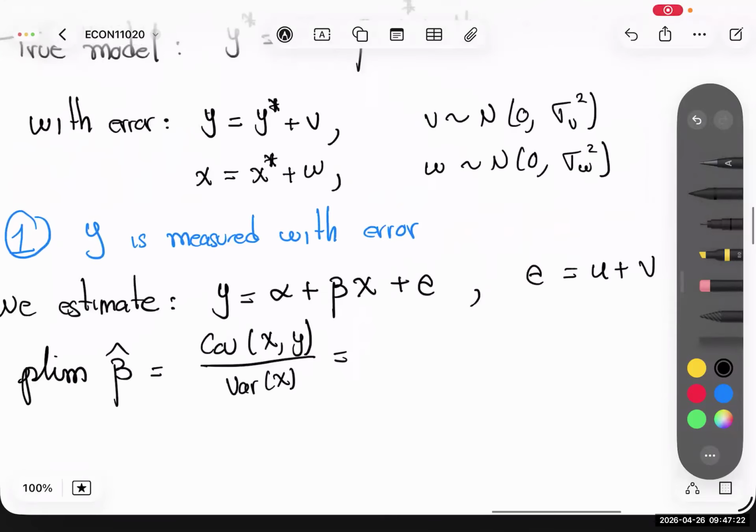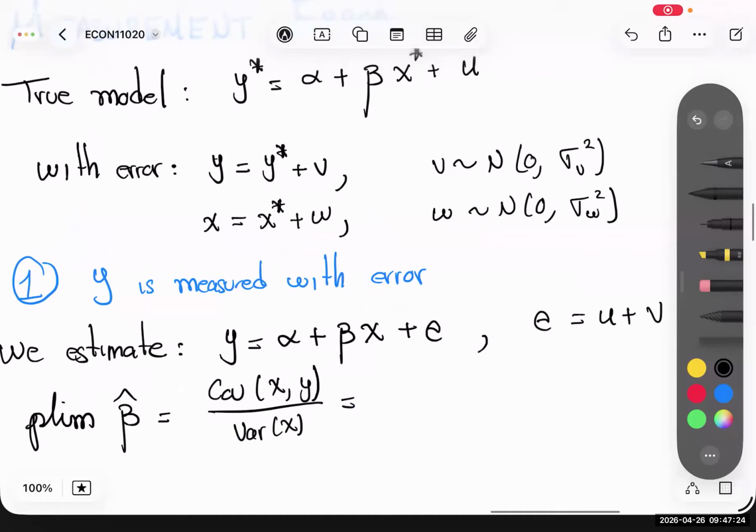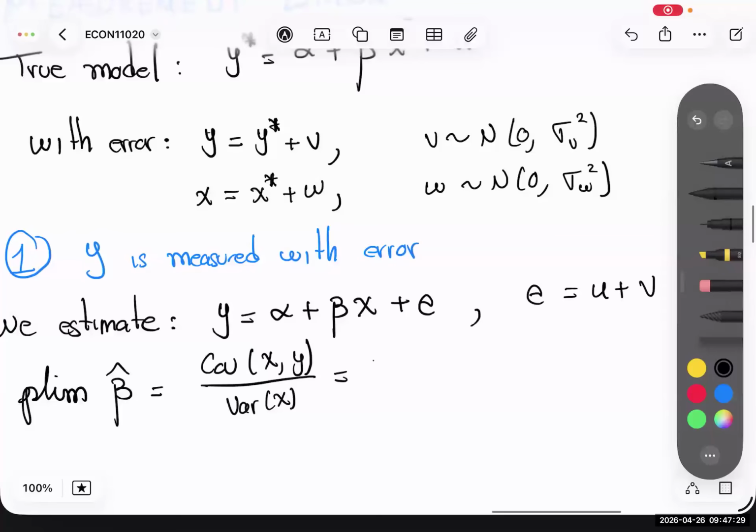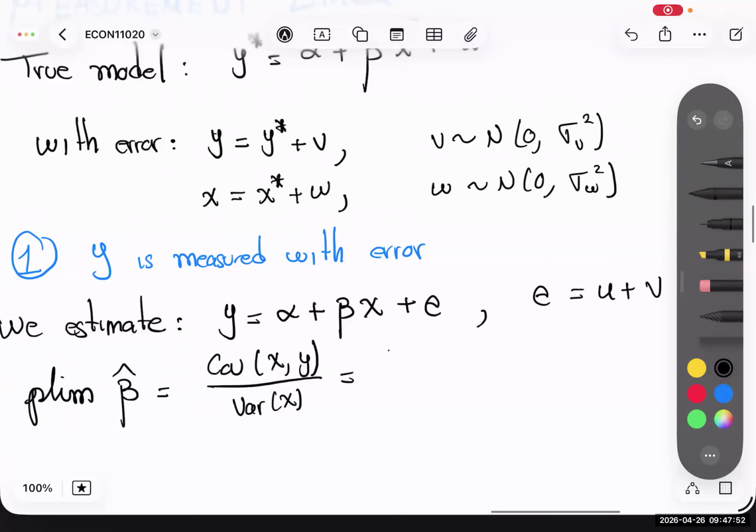In this case, since we know the measurement of the y that we are using, which is this model with the respective errors, we will have a covariance between x and the model that we estimate with the correct definition of the errors.